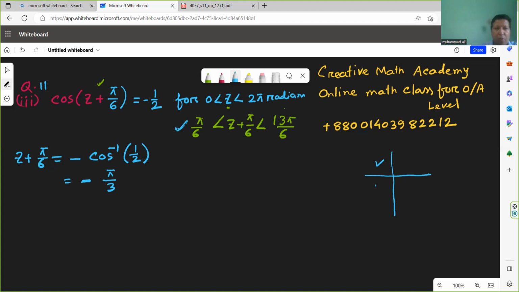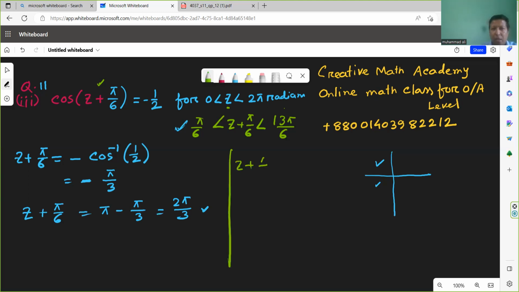So if I want the result in the second quadrant, we have to subtract pi by 3 from pi. So it will be 2 pi by 3. This result lies in the second quadrant where cos is negative. So for the other result, z plus pi by 6 equals pi plus pi by 3, which means it will be 4 pi by 3.